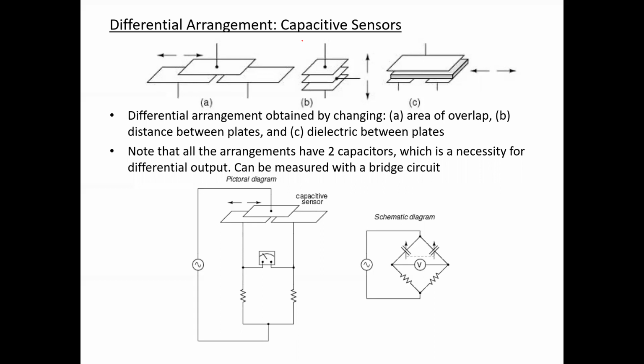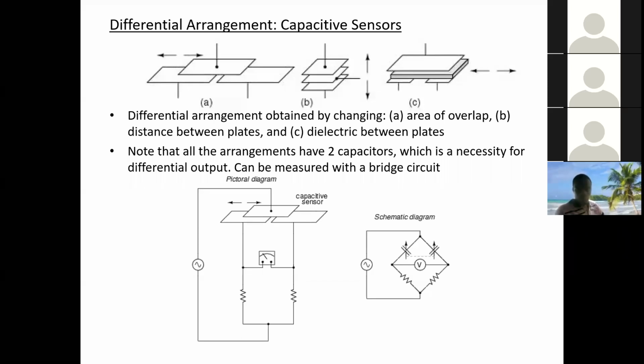There, if you remember, the output voltage was in the form of differential voltage. So we were taking the voltage difference between two inductive coils on the secondary side. Similarly, by having a differential arrangement of capacitive transducers, we can also take the output as the difference between two voltages across two capacitors.